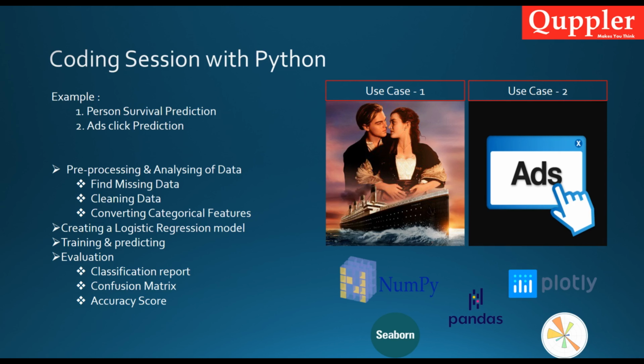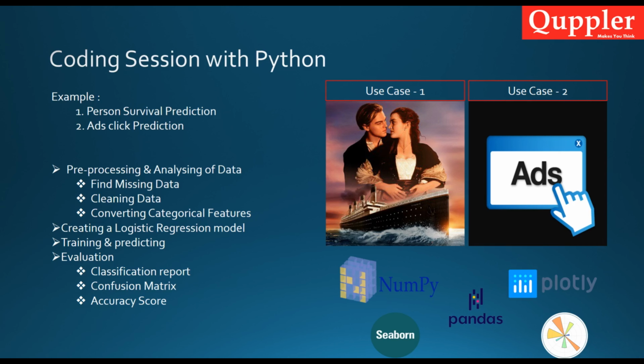And at last, we do the evaluation of the model. That is divided into three sections. First is the classification report. Second is the confusion matrix, which I have already explained in my previous slides. And the last is the accuracy score. We're going to cover all these three evaluations once we train and predict from our model.